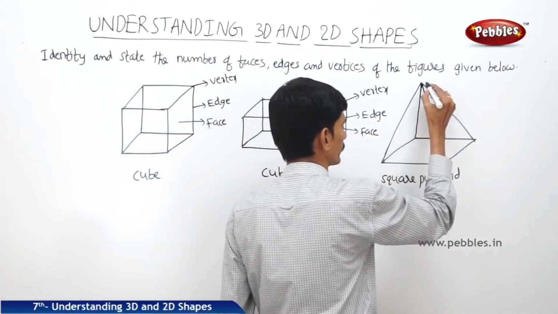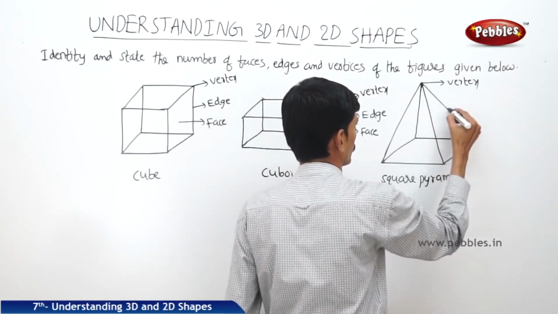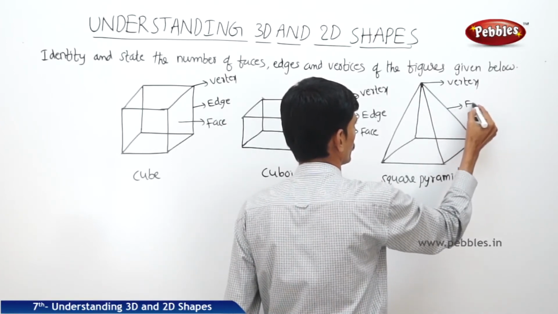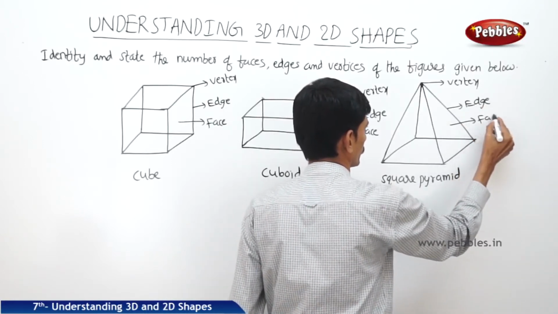So here also this is a vertex, edge, and this is a face.